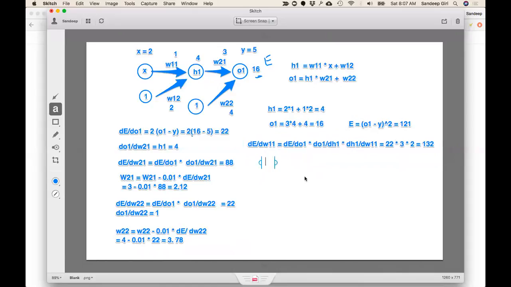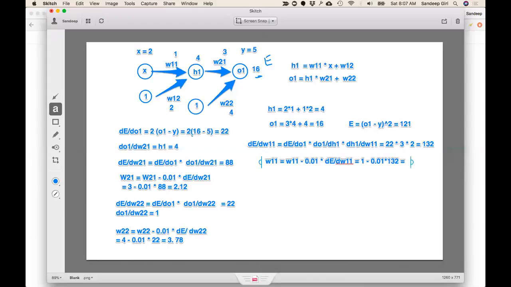Now, the value of W11 is equal to W11 minus eta into dE by dW11, which is 132. What was the value of W11? 1, and eta is 0.01, into 132.